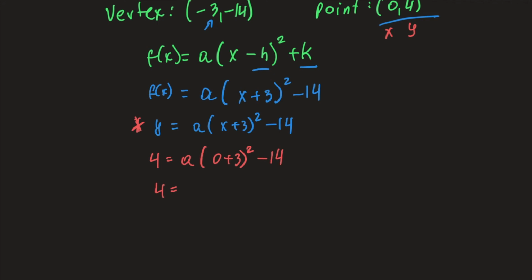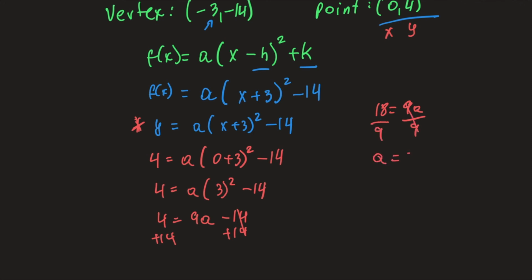So 4 is equal to a times 3 squared minus 14. 4 is equal to 9a minus 14. Add 14. Therefore, we have 18 is equal to 9a. Divide both sides by 9. A is 2.